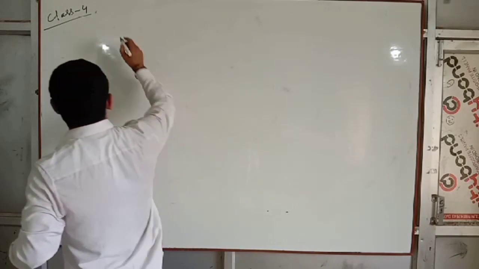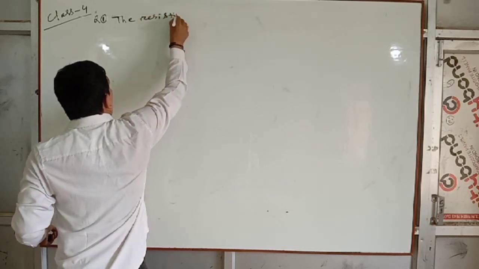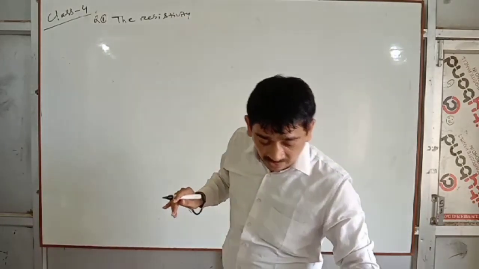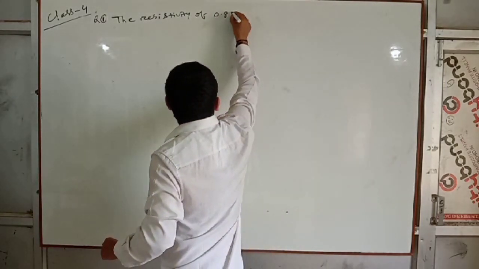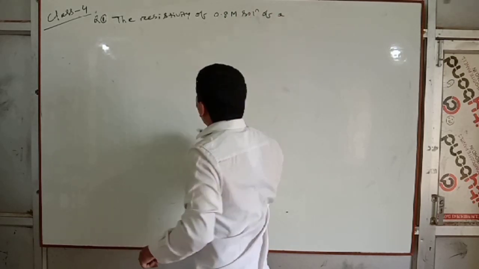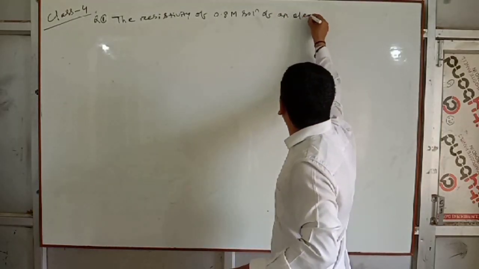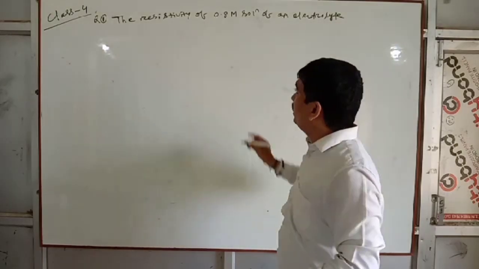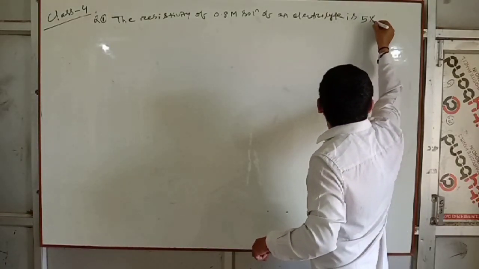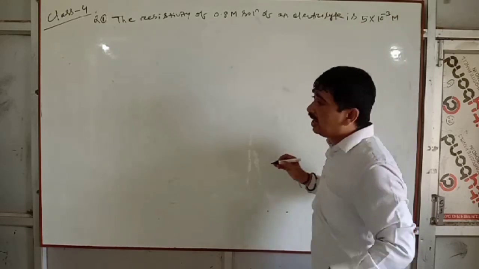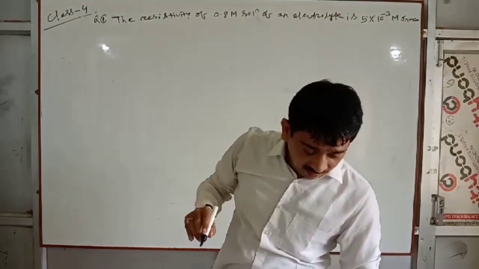The resistivity questions. Question 1: the resistivity of 0.8 M solution of an electrolyte is 5 into 10 to the power minus 3 ohm cm.